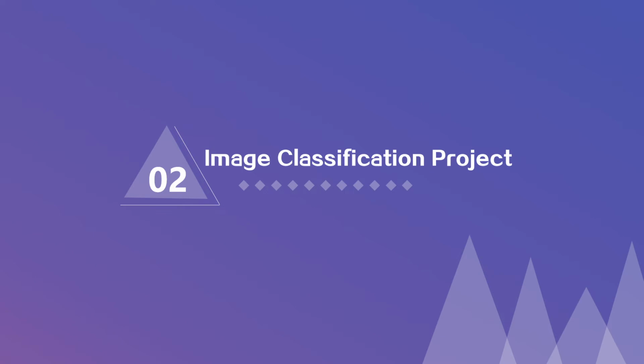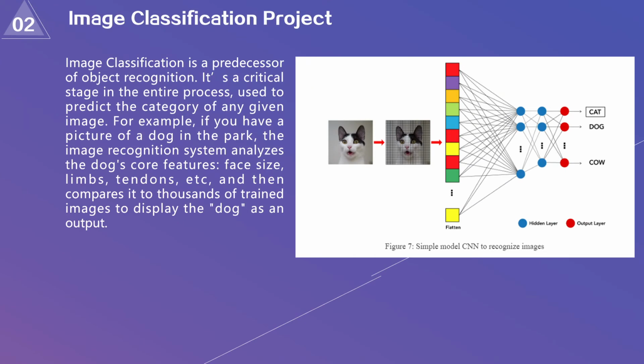The next topic we will introduce is the image classification in my project. We have to know that image classification is a predecessor of object recognition and a critical step in the entire process, used to predict the categories of any given image.